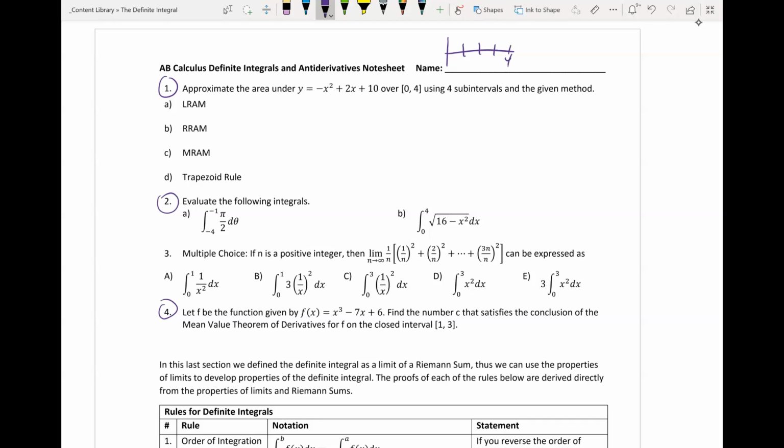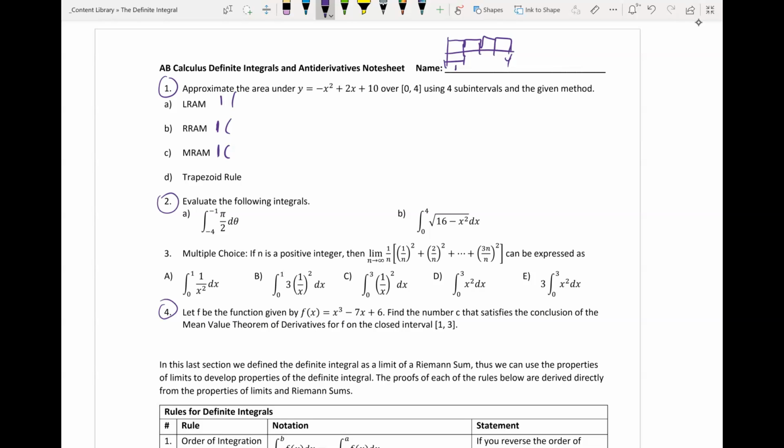That means I'm going to create some sort of rectangle here, here, here, and here, and that means we have a width of 1. So I'm just going to write this on the outside, and then multiply it by the sum of all the different y values for that interval.